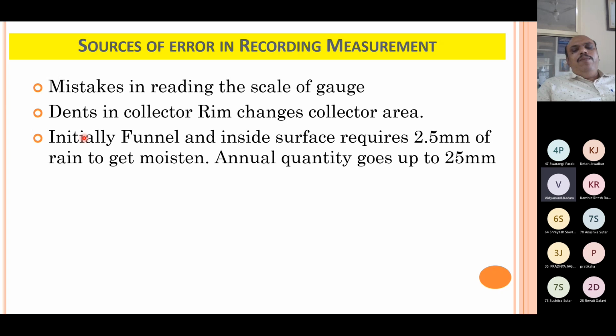If we consider that it becomes dry 10 times and after that rainfall takes place, every time 2.5 mm is required to moisten the funnel and the inside surface of the collector area. So this should be considered, or this value should be added whenever necessary.